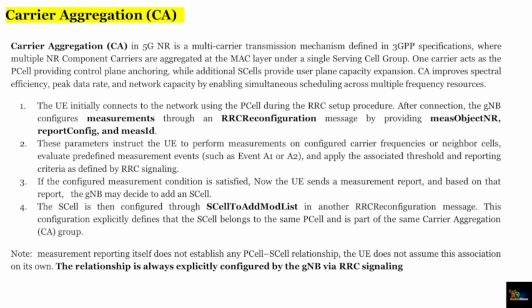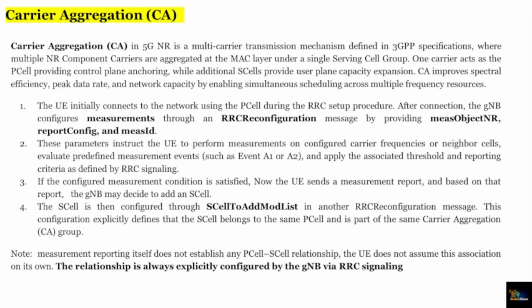The UE initially connects to the network using the P-cell during the RRC setup procedure. After connection, the gNodeB will configure measurement through RRC reconfiguration by providing the MeasObjectNR, ReportConfigNR, and MeasID.